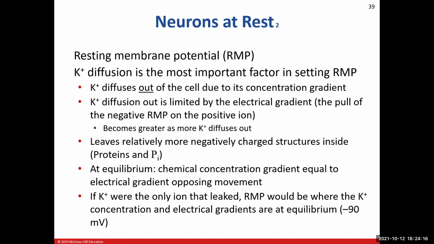Because of all this, if potassium were the only molecule, say there were only potassium leak channels, no other type of leak channels, our resting membrane potential would be at -90. Because of the chemical concentration gradient and the electrical gradient, that equilibrium would be at -90. But that's not what we see as our resting membrane potential. So now, there are some other things that are involved.